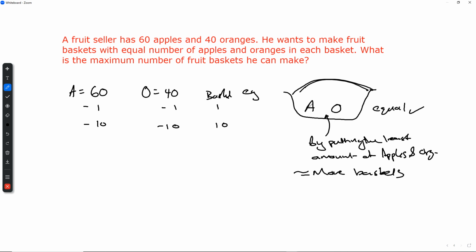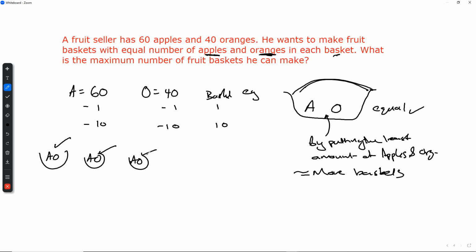So if I put 1 fruit in each basket, so I'm going to go apple, orange, because it's got to be an equal amount. It says he wants to make fruit with an equal number of apples and oranges in each basket. So this looks equal, and it's very little, so it makes more baskets, right?